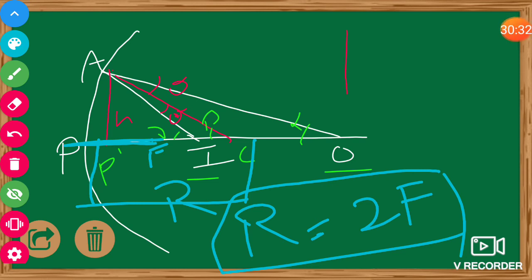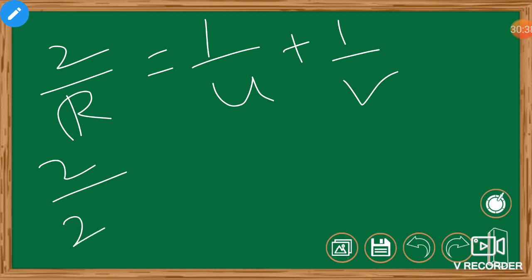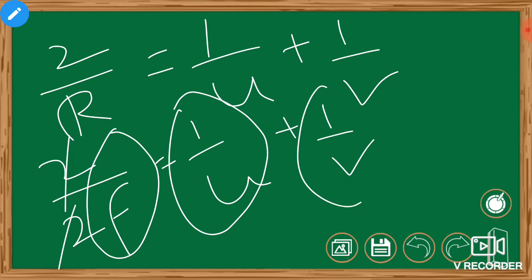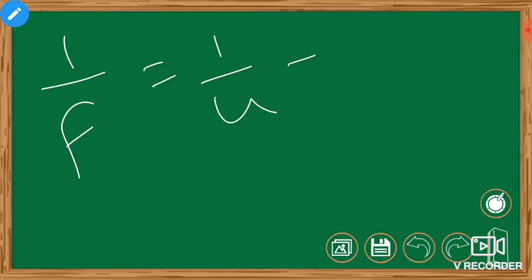By putting this value in the above equation, 2 by 2f equal to 1 by u plus 1 by v. By cancelling the two, we finally get the equation 1 by f equal to 1 by u plus 1 by v.